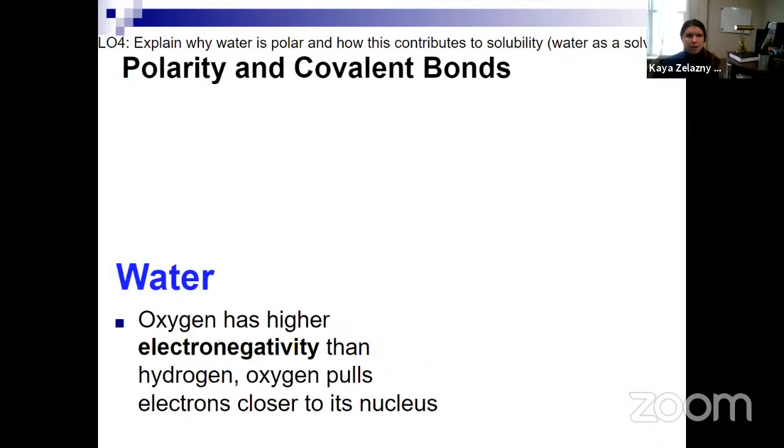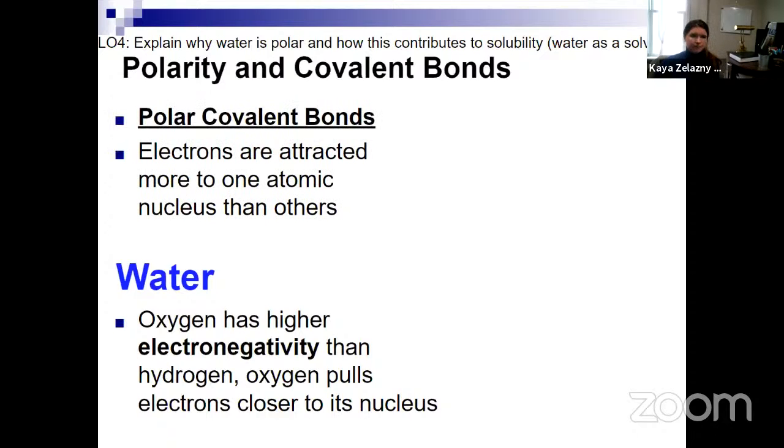That brings us to polarity. So the concept of polarity is really important to biology, partially because water is a polar molecule. It contains polar covalent bonds. Now, what a polar covalent bond is, fundamentally, is that electrons, even when they're shared between 2 atoms, may not be shared totally equally.